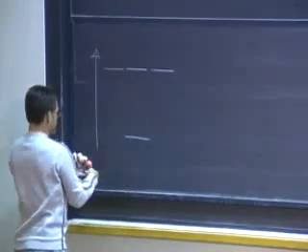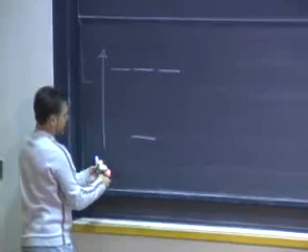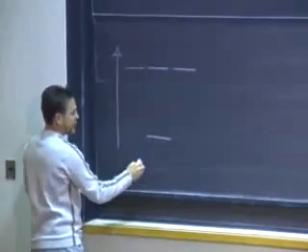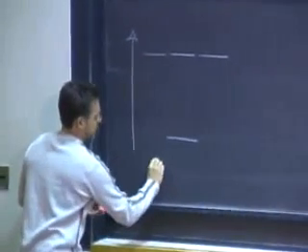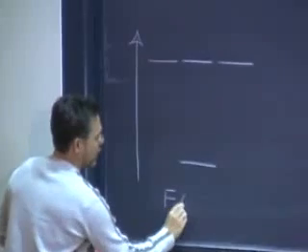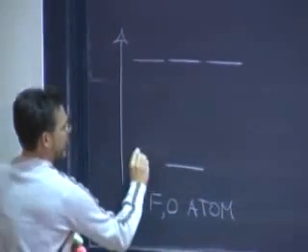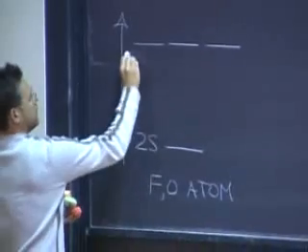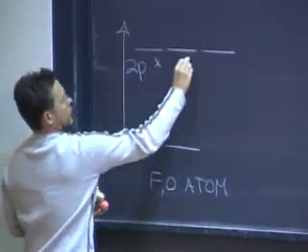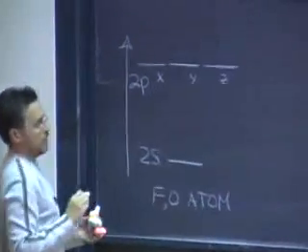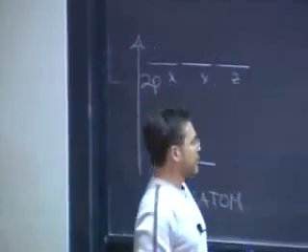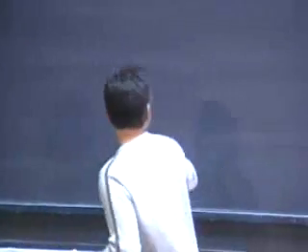Okay, so here on the left, what I'm drawing is, let's say, an F or an O atom. We have the 2s and the 2p, x, y, z. That's 4 of the 8 orbitals in our problem.